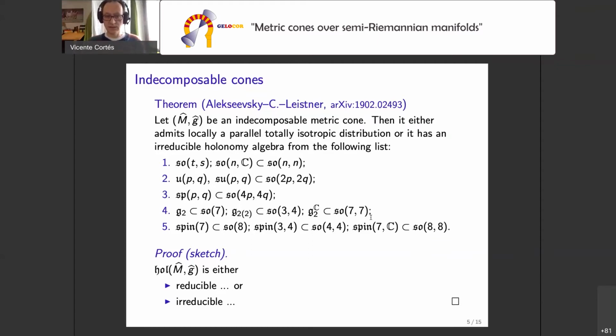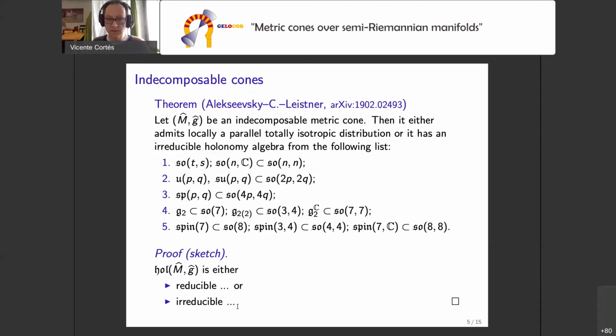And the second case is the irreducible case, when the holonomy algebra is irreducible. In that case, we can resort to Berger's classification of irreducible holonomy algebras of semi-Riemannian manifolds. Everybody knows that Berger classified the irreducible holonomy groups of Riemannian manifolds, but he also classified the irreducible holonomy algebras of semi-Riemannian manifolds.